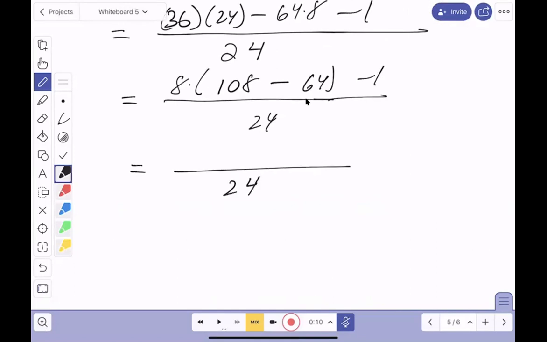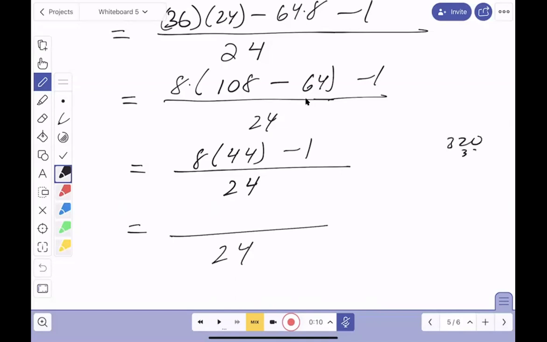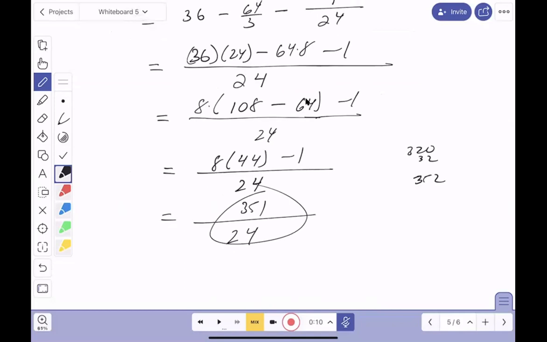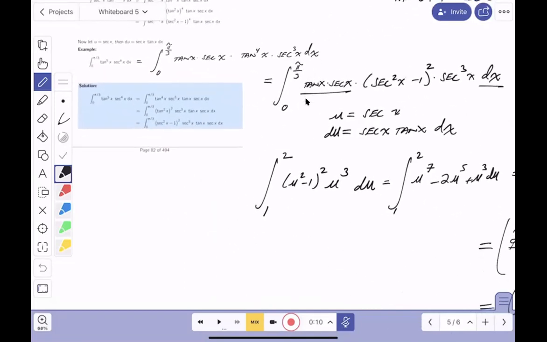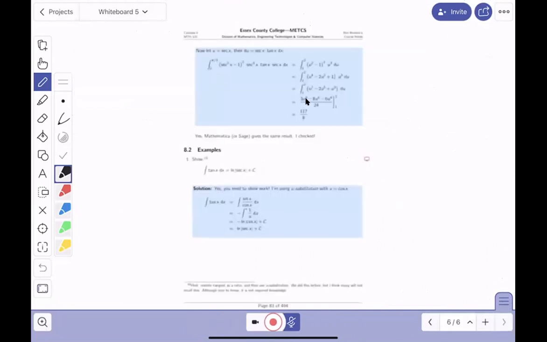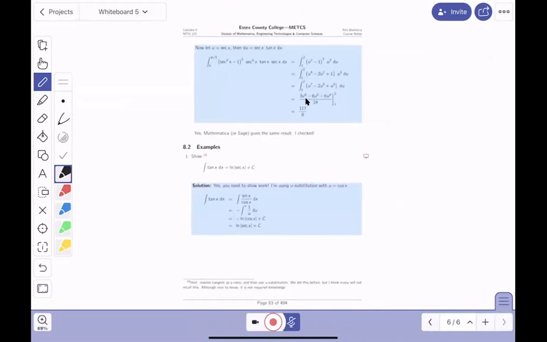I think I spend more time on arithmetic than I do on calculus. This is 8. 36 and 8 is 44. Minus 1, 24. That's 320 and 32, 352. Minus 1, 351. Boy, let's hope I didn't make a mistake. Gee, it's not even on that page. And I think I made a mistake.